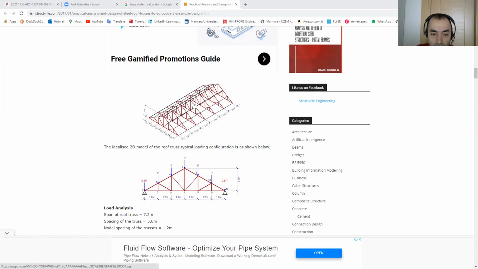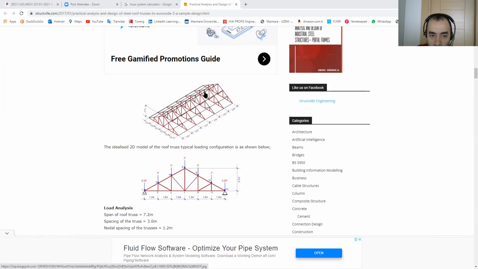At the top there is a roof example. As you can see here, if we put many trusses next to each other, we make a roof system. At the bottom you can see one truss system. It's a plain truss.